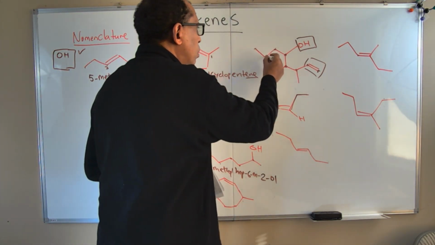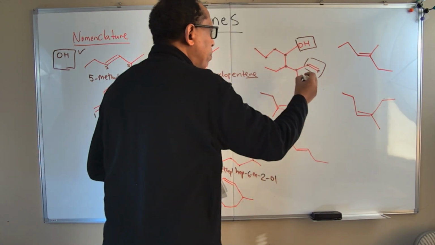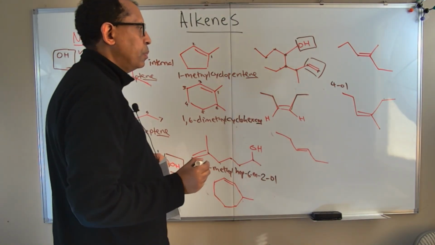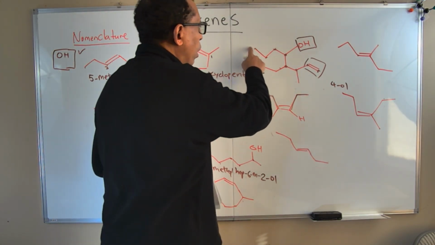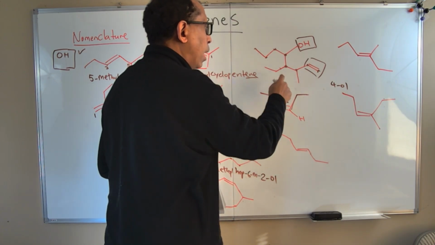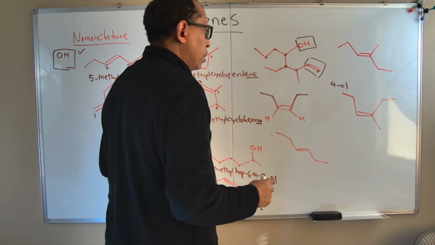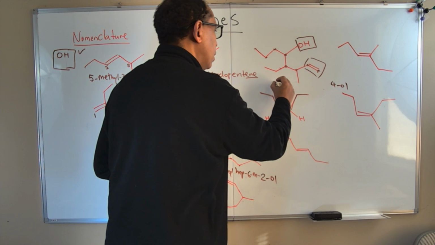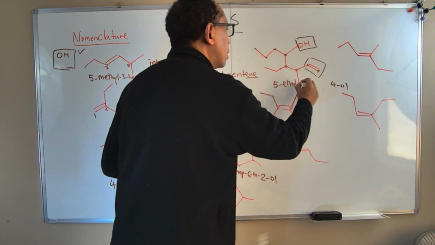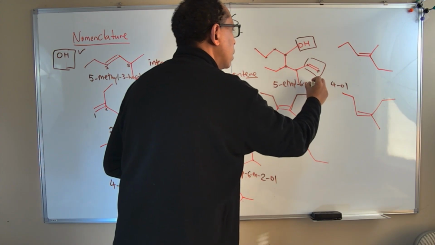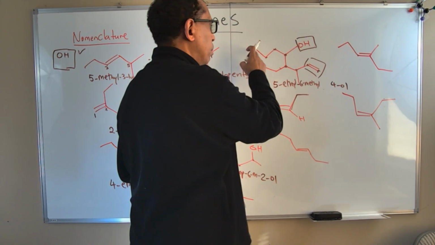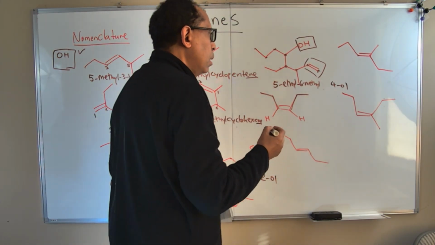At 4 position, it's 4-ol, alcohol at 4 position. And at 5 position, I have an ethyl group. At 6 position, I have a methyl group. So this is 5-ethyl, 6-methyl, an oct compound, because it is 8 carbon.